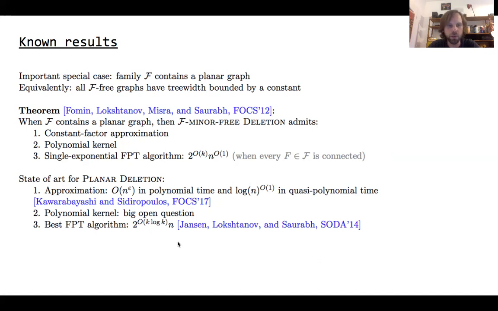When it comes to polynomial kernelization, we actually don't know anything, and this is a very big open question in the area. When it comes to exact FPT algorithms, there is an algorithm with running time 2 to the k log k, which is pretty close to the lower bound of 2 to the O of k, but still there is some gap.